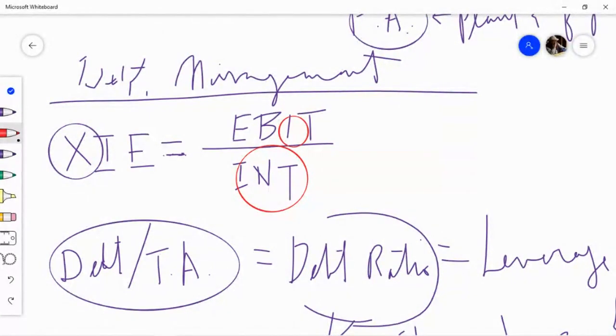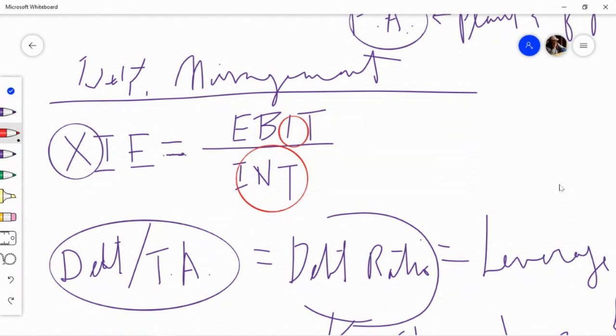So that means your EBIT, or the operating profit, must be greater than your interest payment. Your operating profit must be multiple times greater than the interest payment.